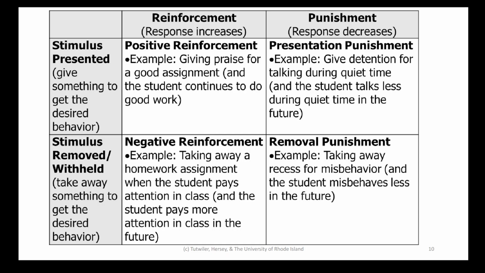Removing something. A negative punishment might be to take away a kid's phone when they're having time during your class where they're allowed to use their phone. All kinds of privileges can be removed, and that would be a negative punishment.